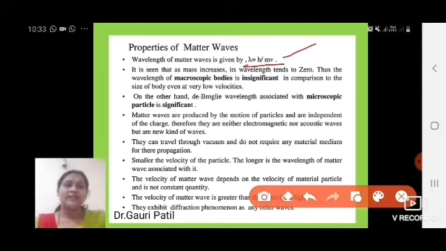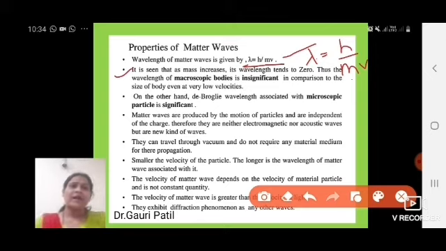The second property is that as mass increases, its wavelength tends to 0. Thus, the wavelength of macroscopic bodies is insignificant in comparison to the size of the body even at very low velocities. We have the formula λ is equal to h upon mv, so if mass increases, the wavelength goes on decreasing, meaning there is an inverse proportion between λ and mass and velocity.